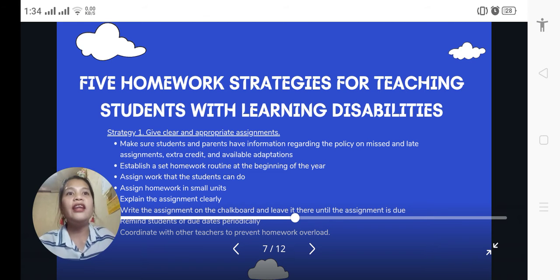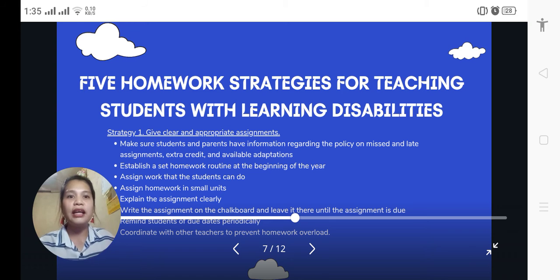Okay. Another one is write the assignment on the chalkboard and leave it there until the assignment is due. So as we have all experienced, this is a strategy that our teachers used when we were still in grade school and high school. So either students with difficulties or without, this should be clear and appropriate.